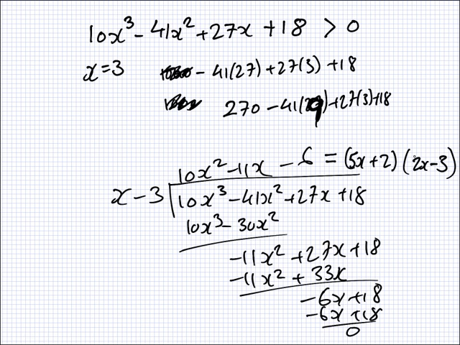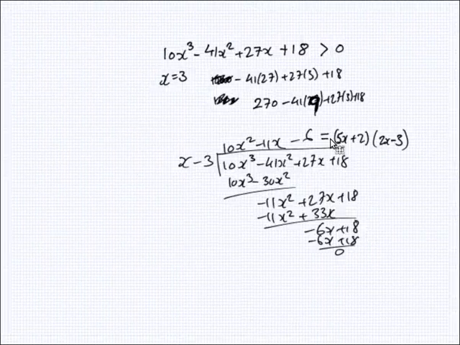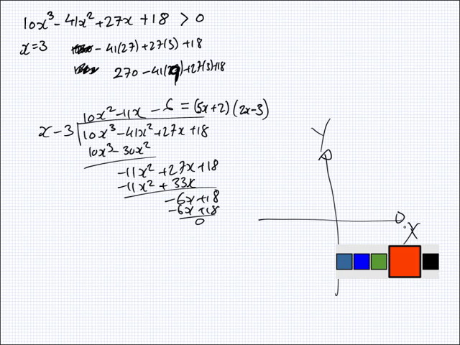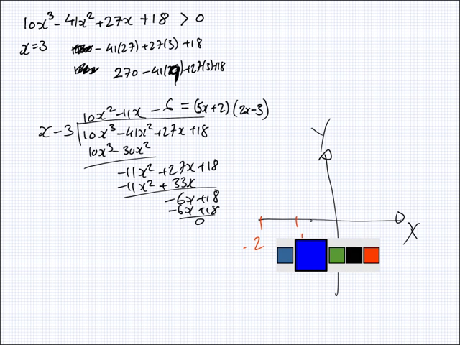Yeah. Okay. So let's sketch this now. What are the roots? Let's see. Minus 2 over 5, isn't it? So that's about there. And the other root is 3 over 2, which would be about there.